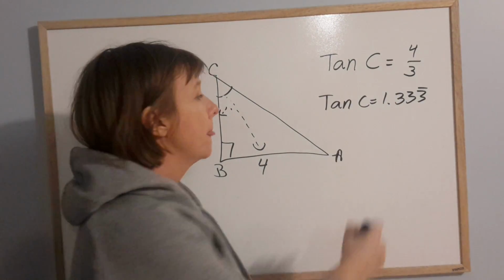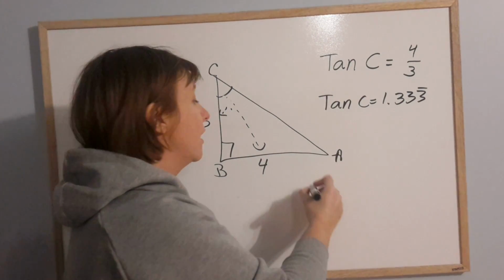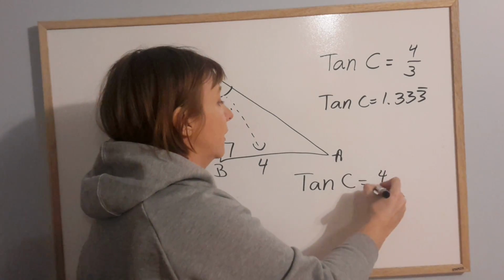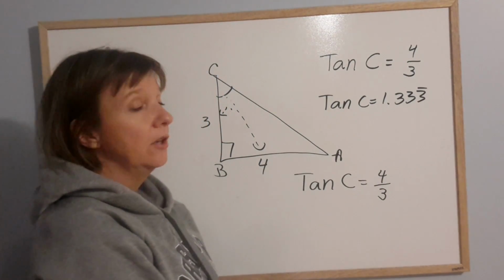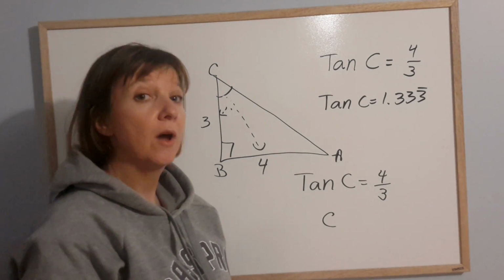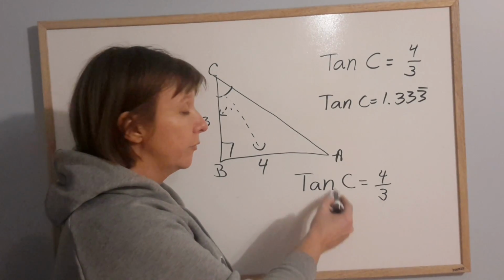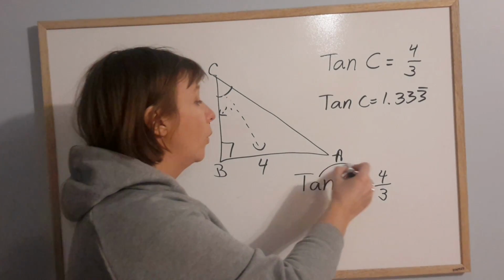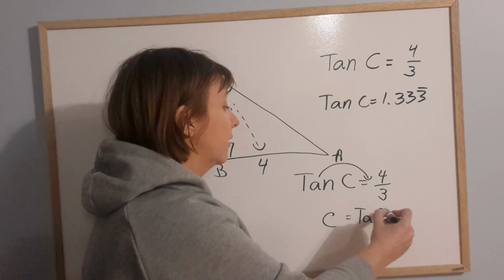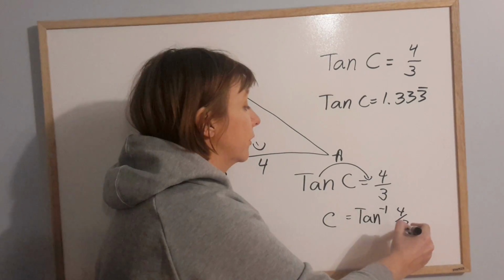So to figure that out, if you have tan of C is 4 over 3, and you want to know what C is, you want to get C by itself, so you have to move the tan. Whenever you split the tan up from its angle, when you move it over here, it's going to be arctan of 4 over 3.